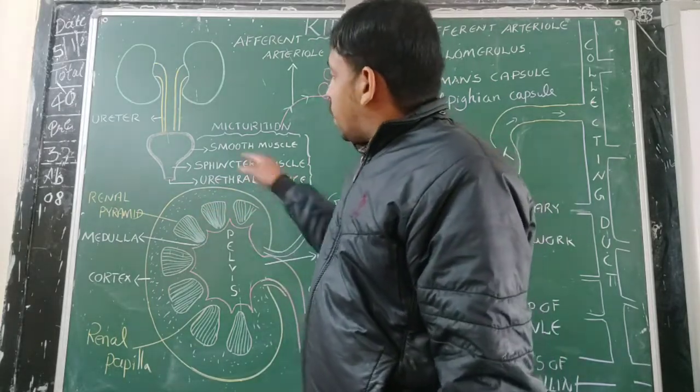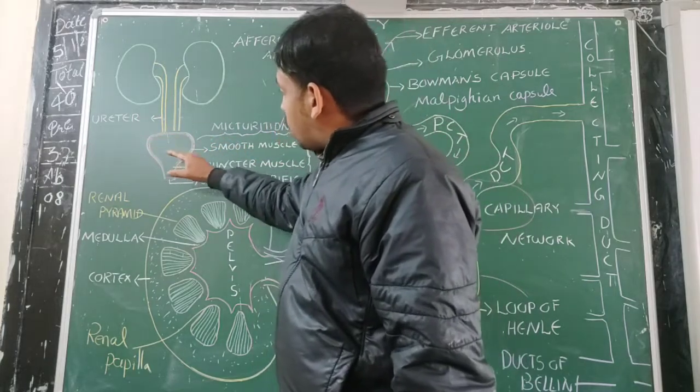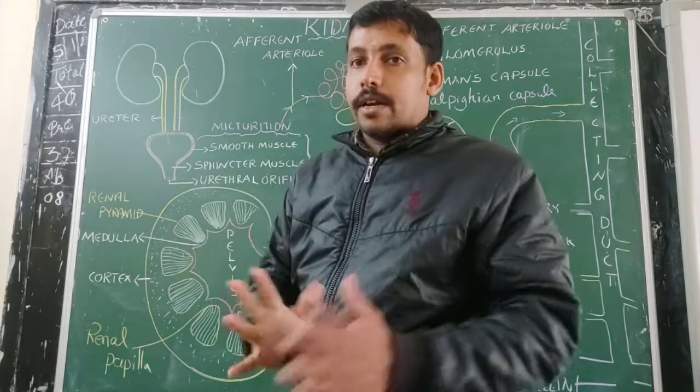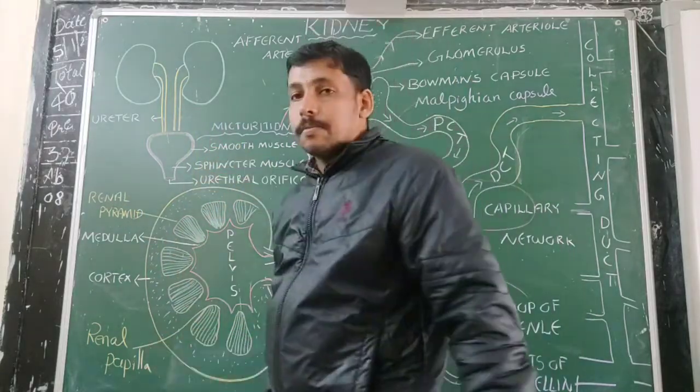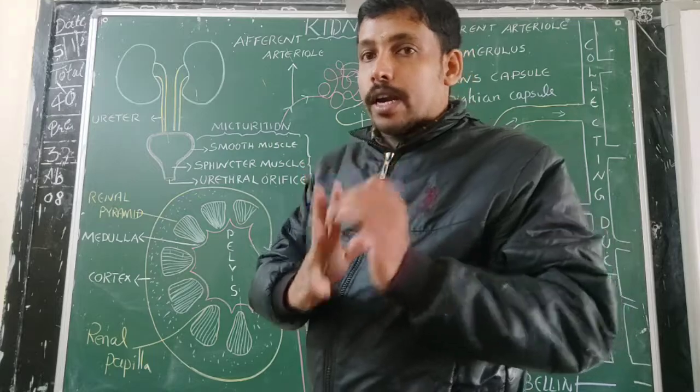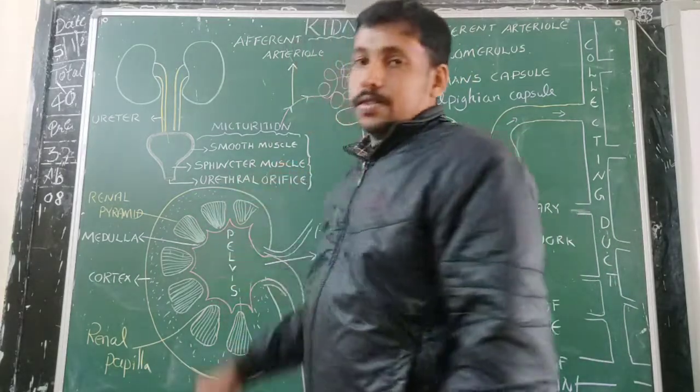The surface of the urinary bladder has smooth muscle, and the neck of the urinary bladder has sphincter muscles.